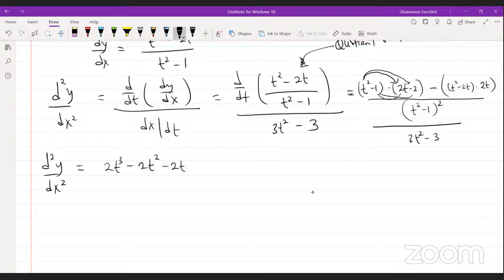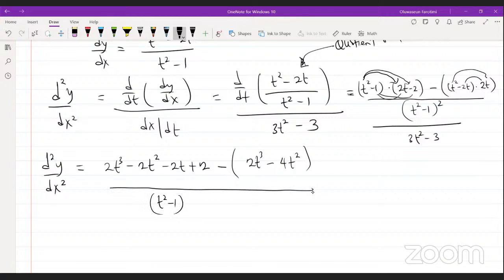What about this guy? You got a plus 2. Minus, I have a big parenthesis. This guy, you have a 2t cubed. What about this guy? Minus 4t squared. This is going to be all divided by t squared minus 1 squared. And then you have a 3t squared minus 3.